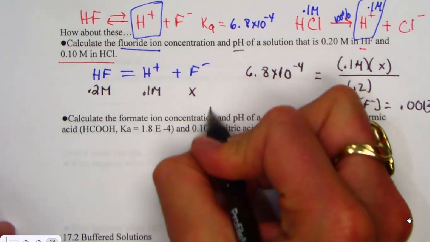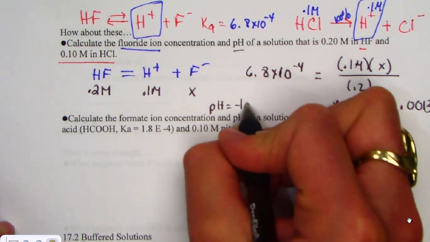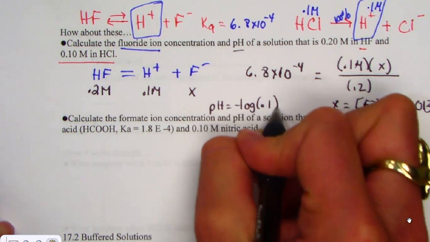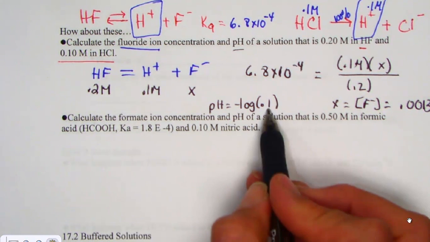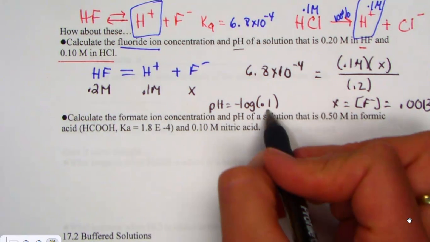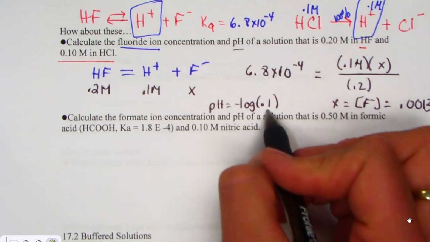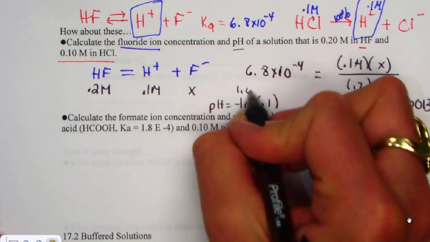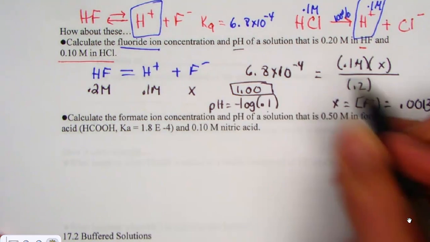And the other part of our question asks for pH, and that's negative log of the concentration of hydrogen ion. So 0.1 becomes the hydrogen ion, and of course this is written as 1 times 10 to the negative 1, so the pH comes out to be 1.00.